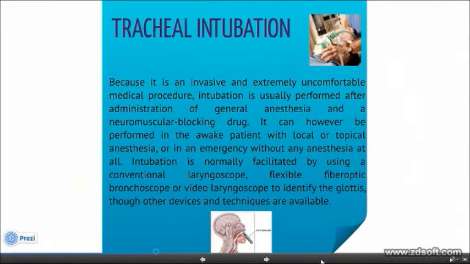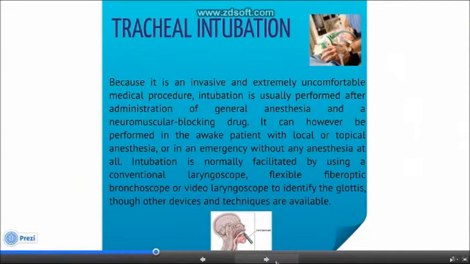Tracheal intubation. Because it is an invasive and extremely uncomfortable medical procedure, intubation is usually performed after administration of general anesthesia and a neuromuscular blocking drug. It can, however, be performed in the awake patient with local or topical anesthesia, or in an emergency without any anesthesia at all.